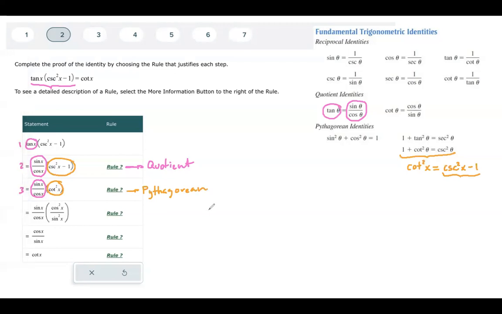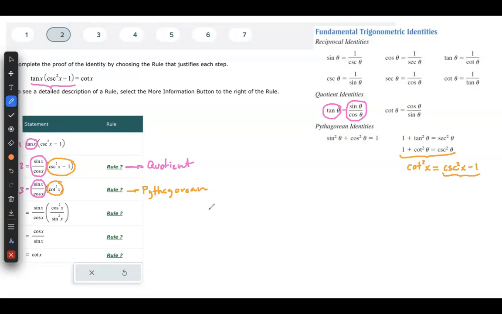Now, let's see if any more identities were used at the next step. So once again, let's see what was updated from step 3 to step number 4. Sine over cosine seems to be sticking around, but somehow cotangent squared became cosine squared over sine squared.